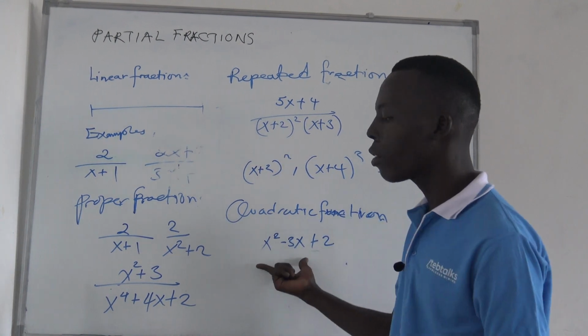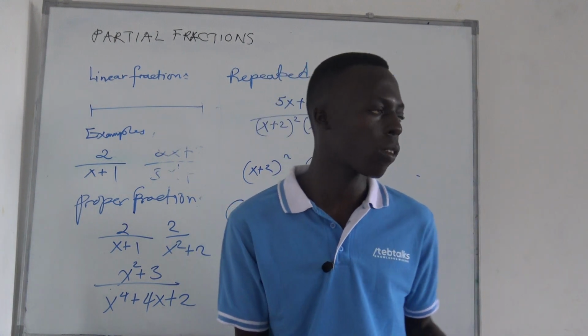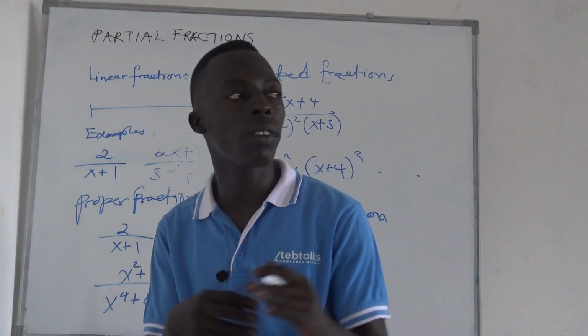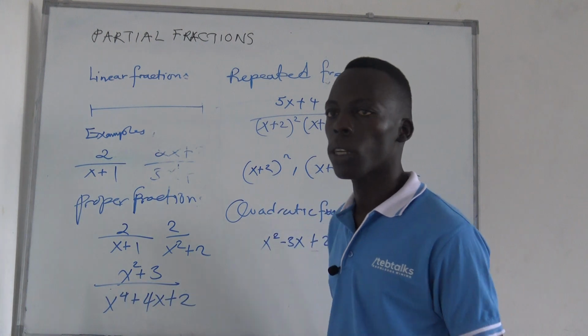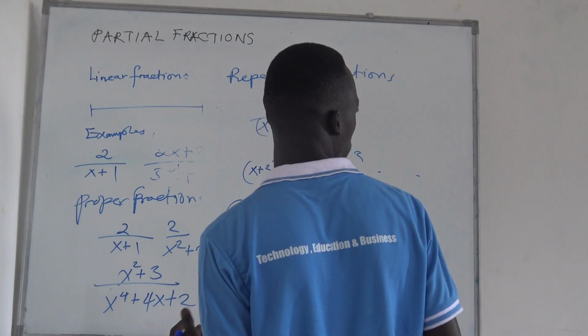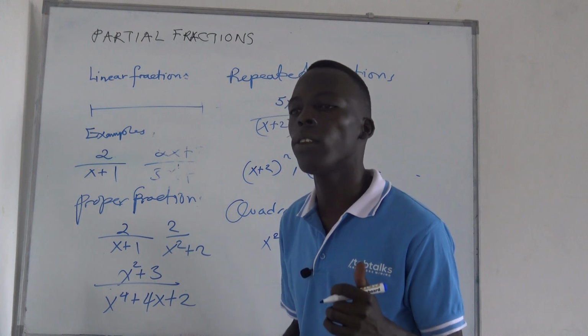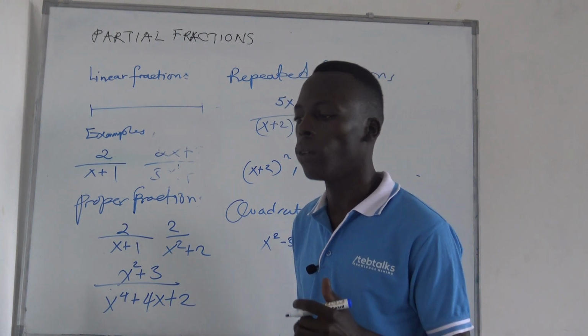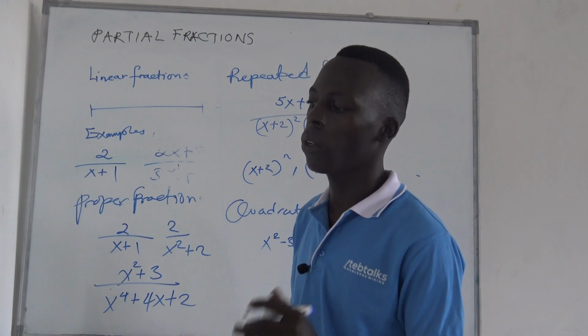So if you find that this equation has factors, you first factorize it into its form, then continue. If you find that it has no factors, take it the way it is.